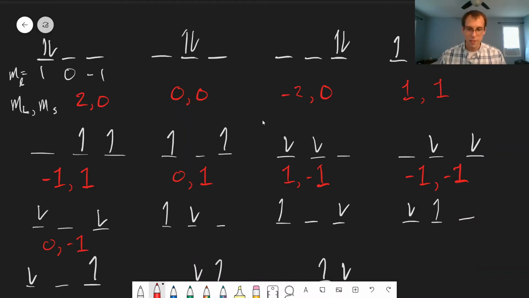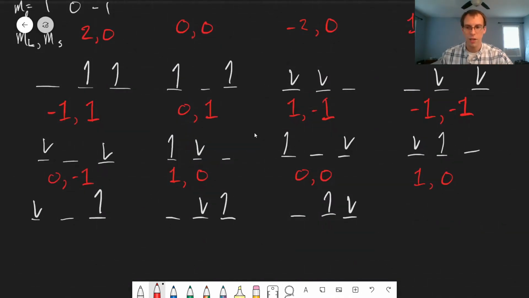Here now our spins are paired again. We have a spin up and a spin down, so our M sub S value is going to be equal to 0, but we will still have orbital angular momentum. So here we have +1, 0. We have 0, 0. We have +1, 0 in a different way. And just scroll down to our last 3 down here.